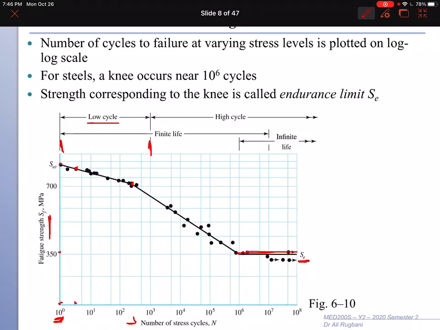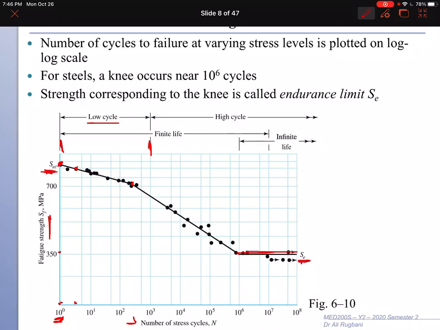Okay, so this curve is very important. Each material will have its own curve. The curve here depends on the value of ultimate strength and the value of endurance limit. If you know ultimate strength, you can identify this point.